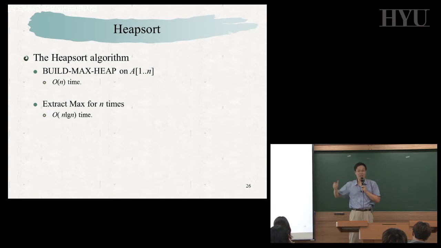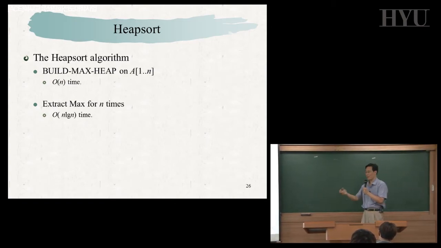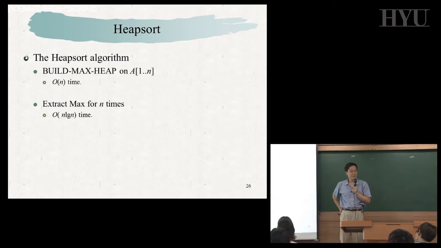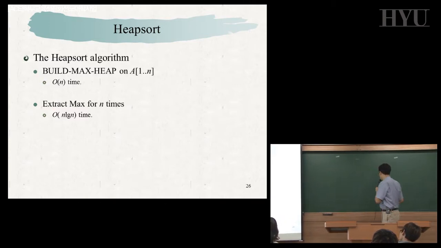Basically, the outline of heap sort is the same as that of the selection sort. Okay? Selection sort is selecting the maximum element, and then the second maximum element, and then the third maximum element. Basically the same. But the difference is this.